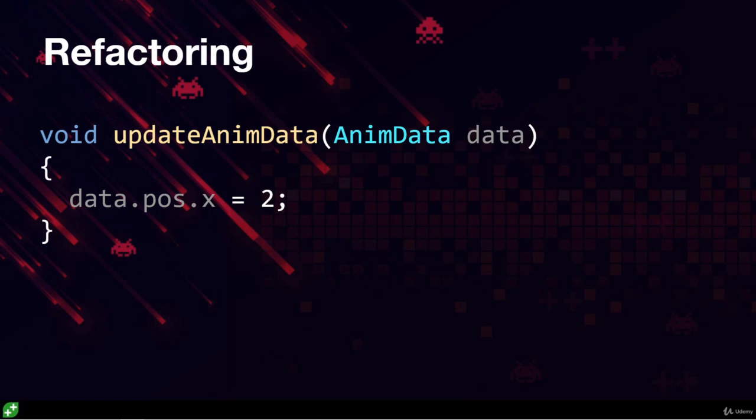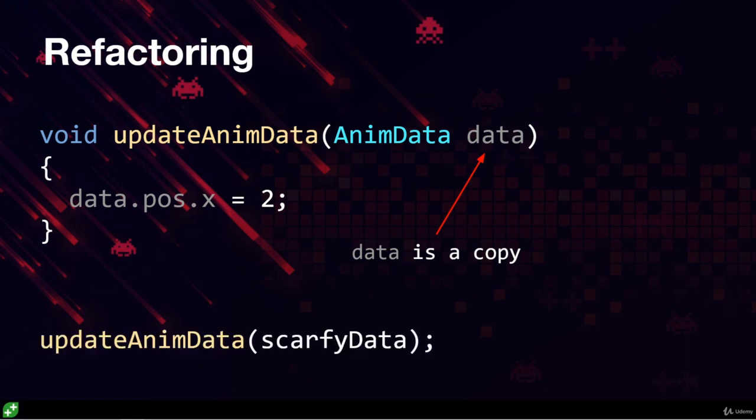Now, if we wanted to change something on that animData, for example, we wanted to set its pos.x equal to 2, we know that this would not work because data, our input parameter, is a copy of whatever we pass in. So say we call updateAnimData with scarfyData. scarfyData will remain unchanged, so its pos.x will not be set equal to 2 since it's passed in as a copy.